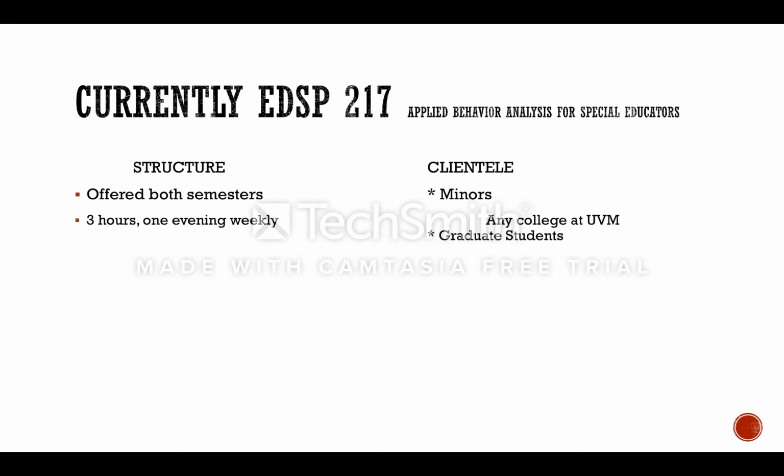In addition to that, I also have graduate students who enroll. They're generally in the spring section, and they are special education as well as school leadership. My goal for creating 217 into a hybrid is to be able to better meet the needs of that wide variety of students who are taking EDSP 217.